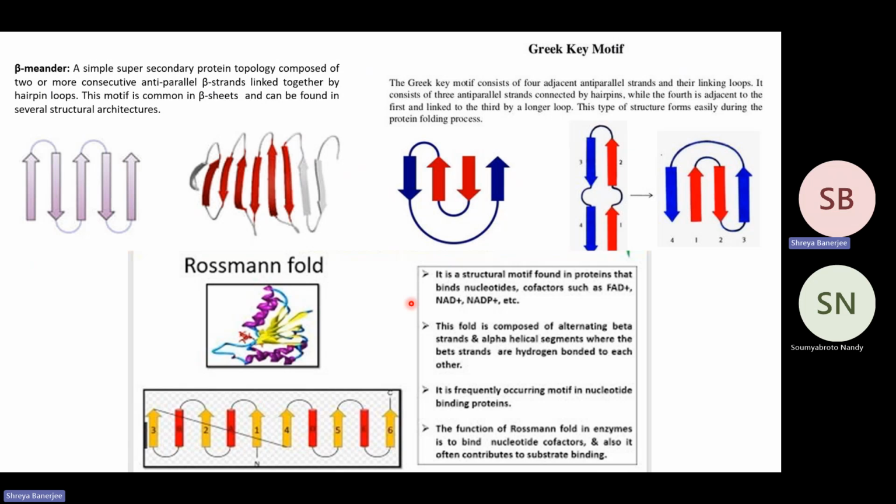We don't need to go into that, but they all consist of these. Here, this yellow is a beta strand and this red is a helix. So you can have alternating beta strand and helix. Structures like that are called a Rossmann fold. So these are different kinds of the supersecondary or tertiary structures.